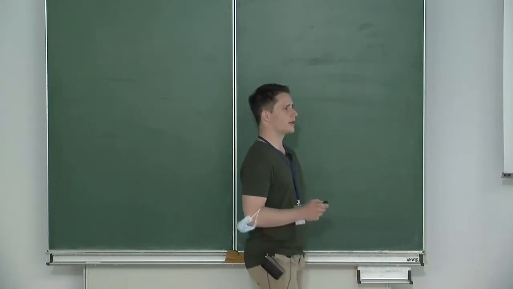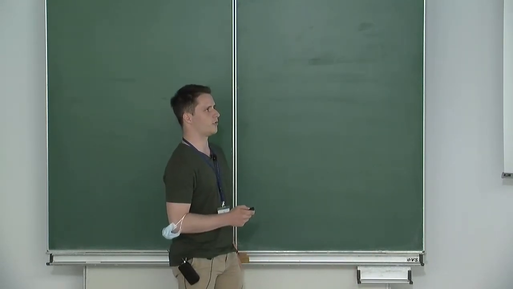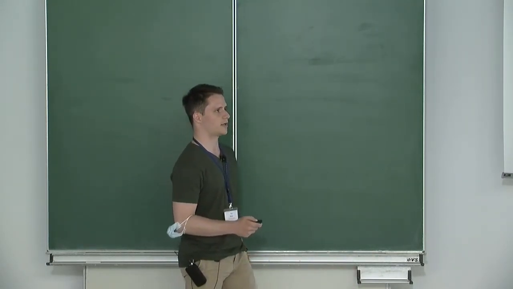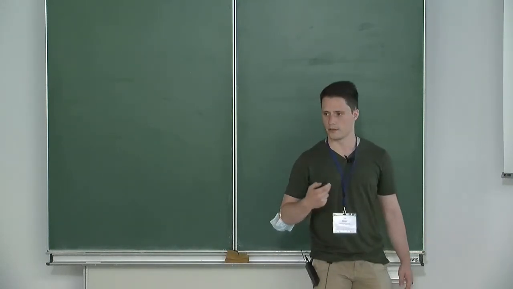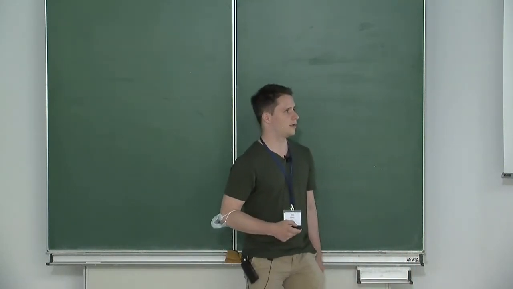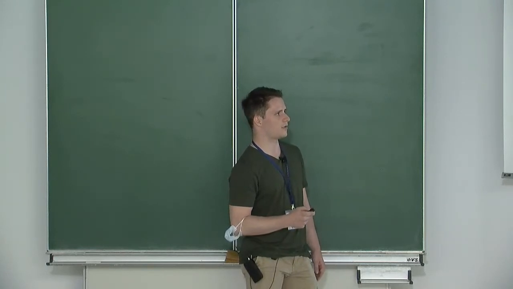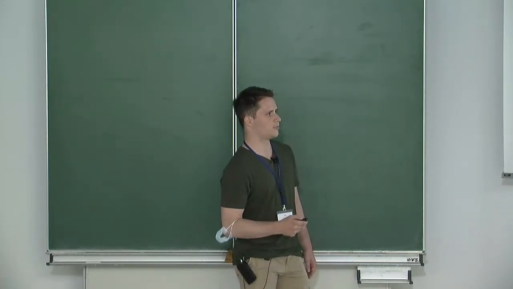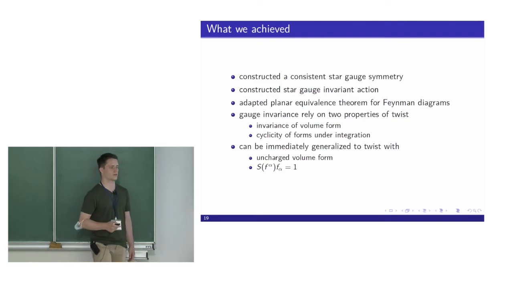But when we look at the properties that allow us to formulate this gauge invariance for the actions in the Lorentz deformation, this is governed by basically two properties. The first is the invariance of the volume form, and the second one is the cyclicity of forms under integration.